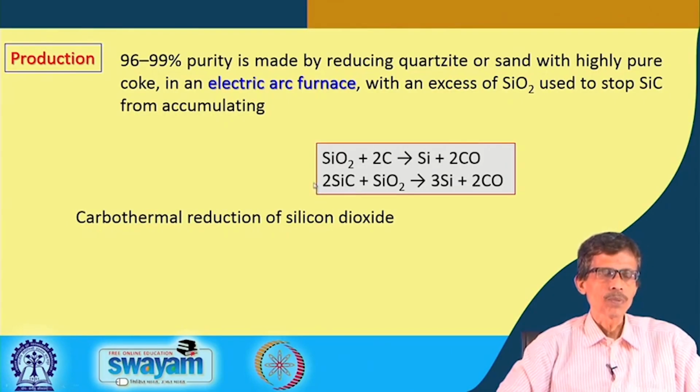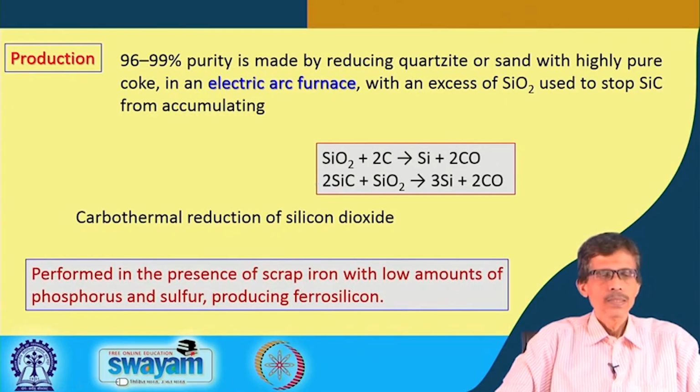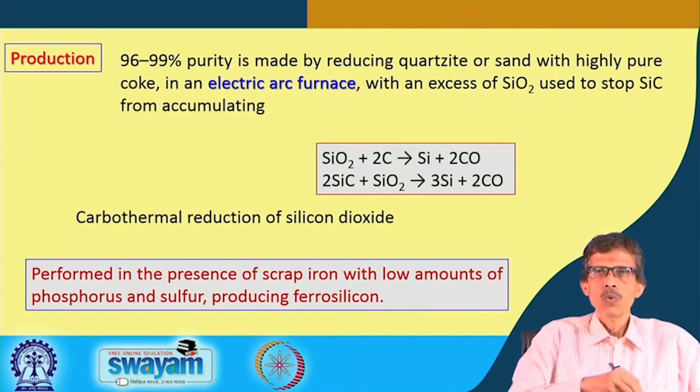So, this carbothermal reduction of silicon dioxide will tell us that we can use this particular silicon dioxide for its reduction, because the carbon, like your aluminum, again has more affinity for oxygen. So, it can take up that amount of oxygen which is attached to your silicon.